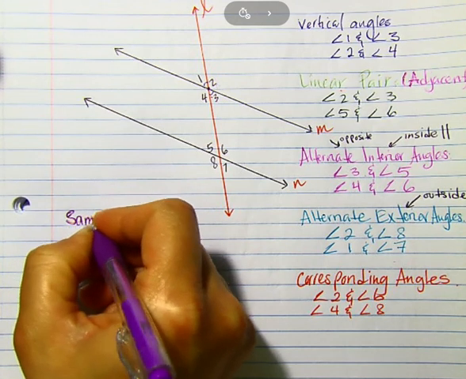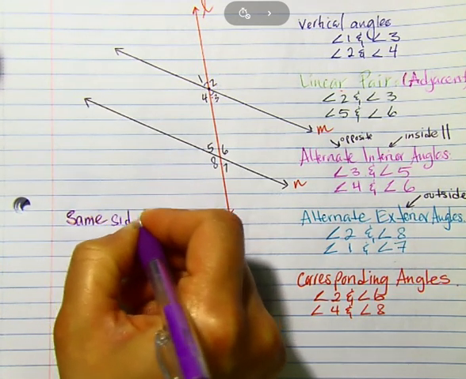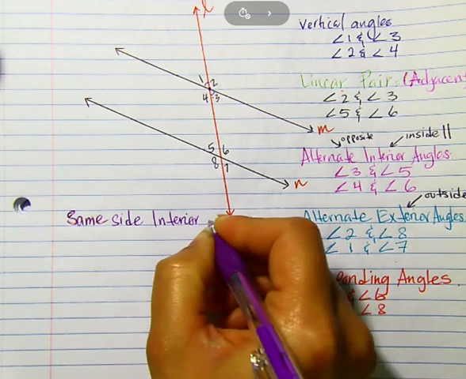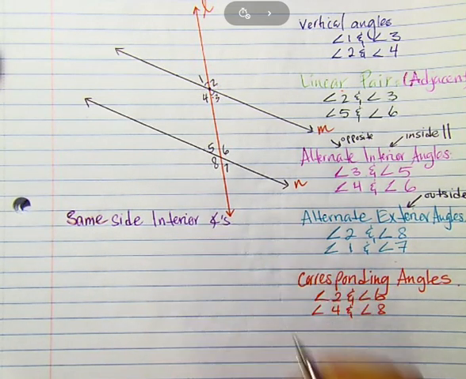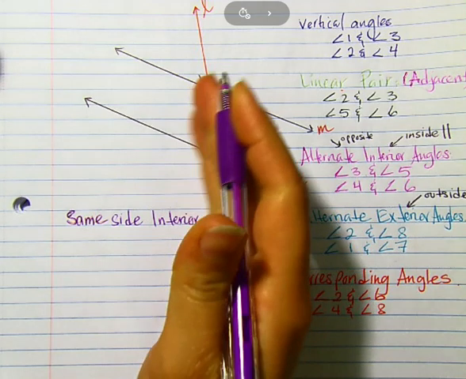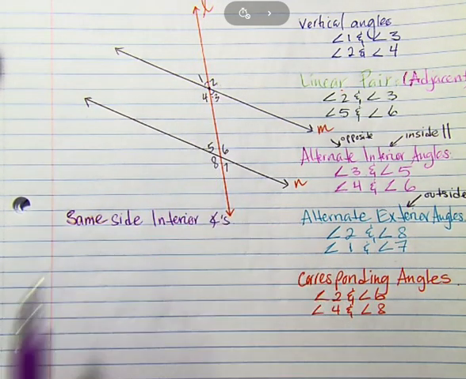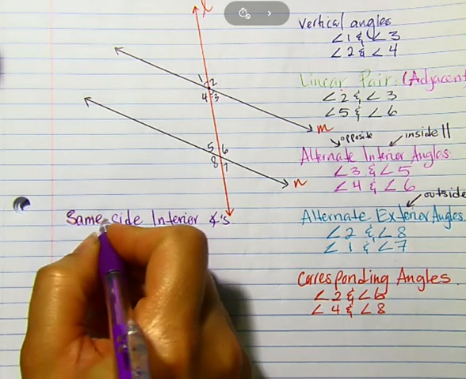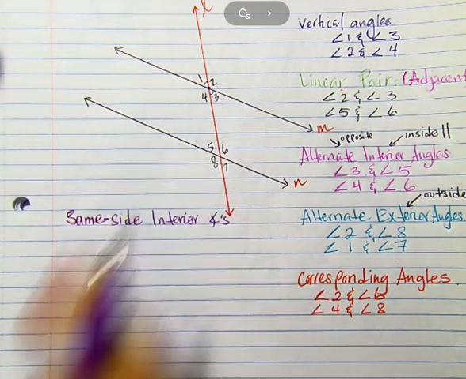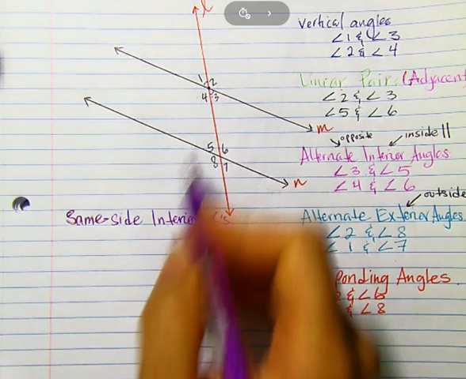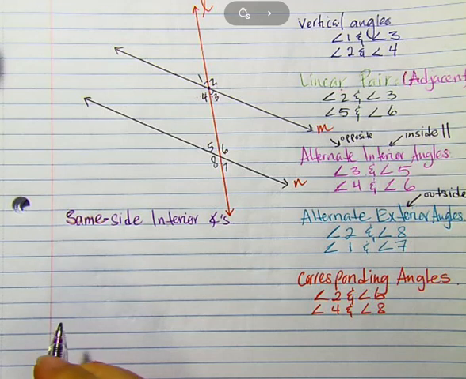Same side interior angles, meaning they're on the same side of the transversal and they're on the inside of the parallel lines. So again, same side means they're on the same side of the transversal, and interior means inside or in between the two parallel lines.